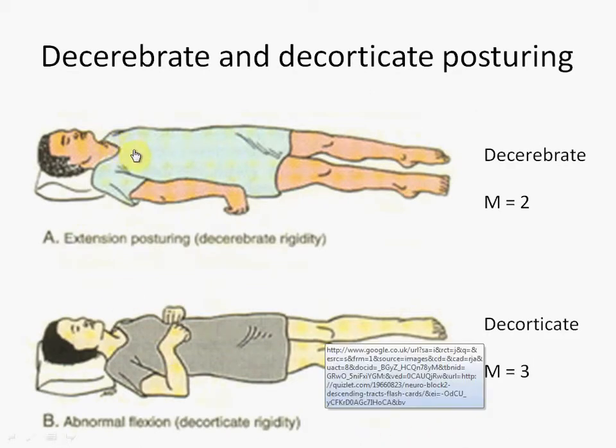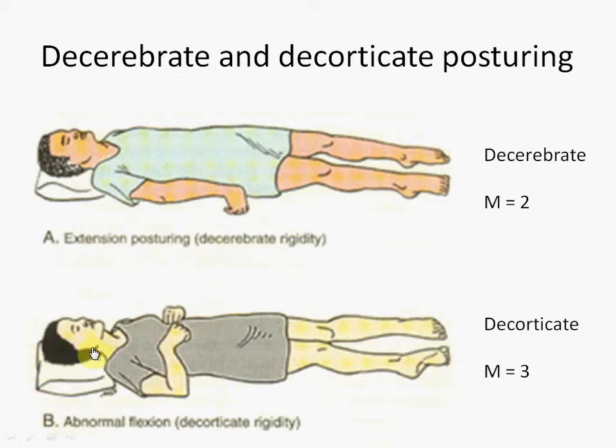So if you do a sternal rub, in this patient here below in B, their arms come up in this posturing. You flex at the elbows, legs extended, feet plantar flexed. You will score them a 3 in the motor part of the GCS, and that's bad, obviously.